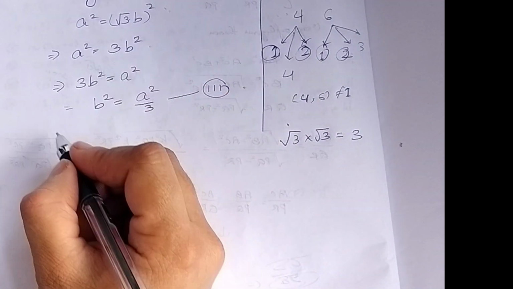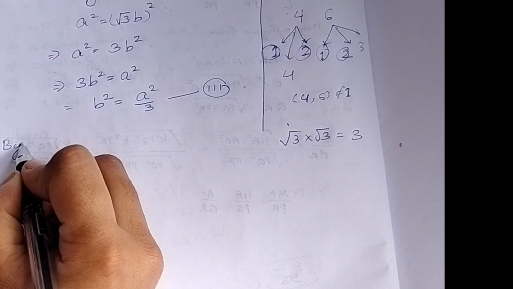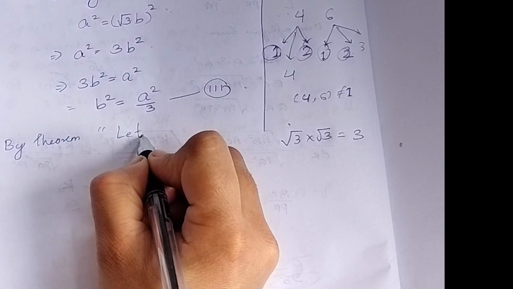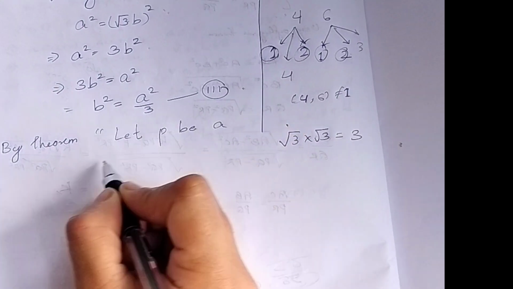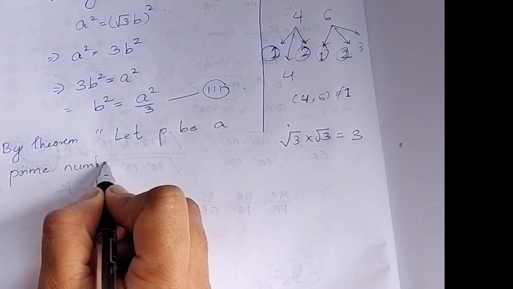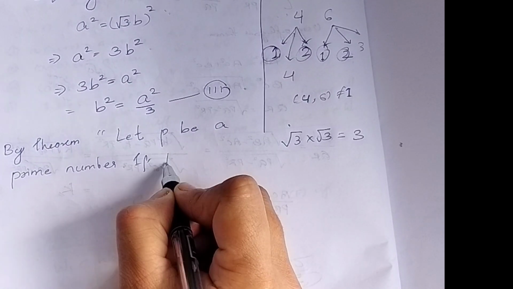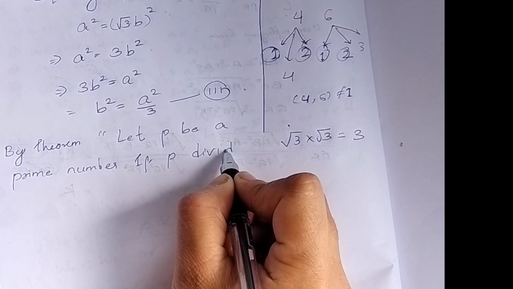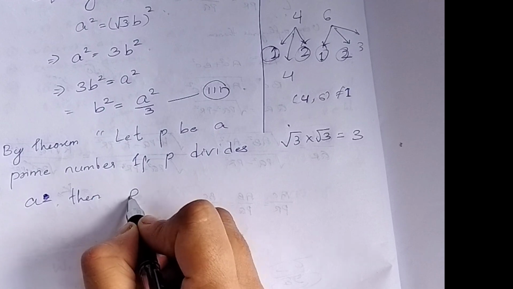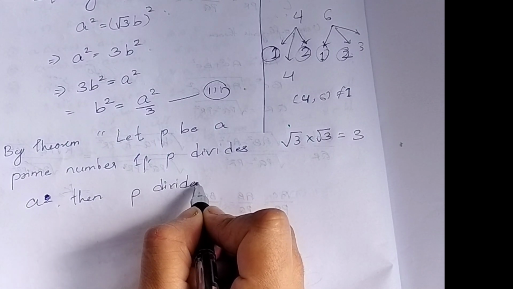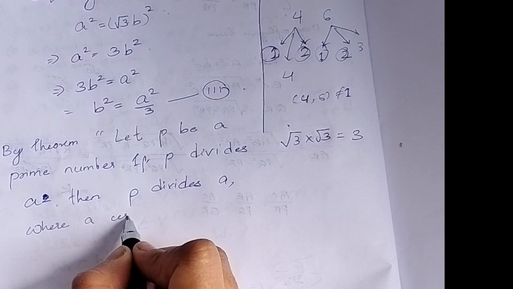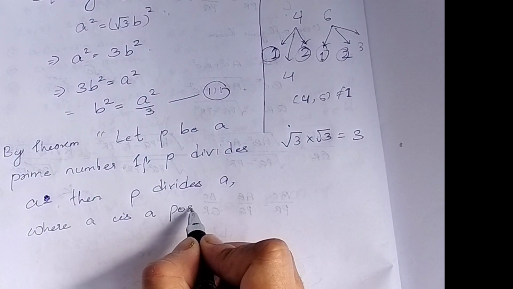By theorem, there is one theorem: let p be a prime number. If p divides a square, then p divides a, where a is a positive integer.